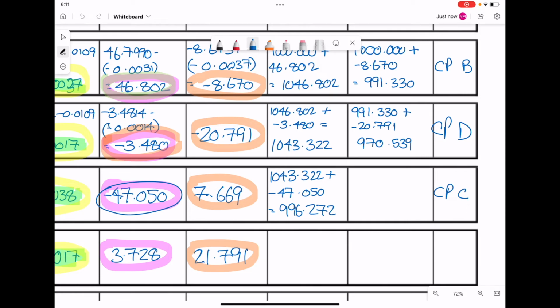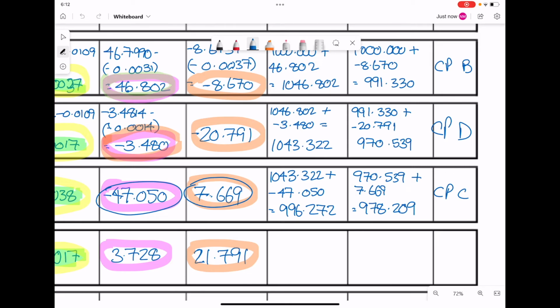And similarly, for the northing, the previous northing, 970.539, add on the adjusted partial northing, which is 7.669, to give us a coordinate value of 978.209.